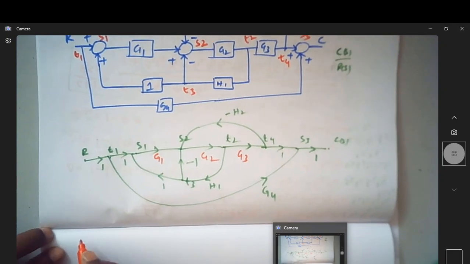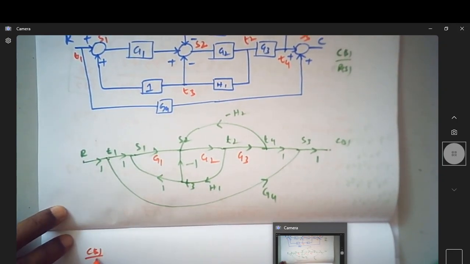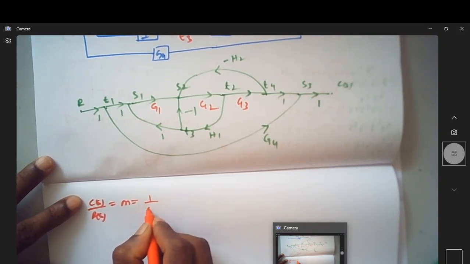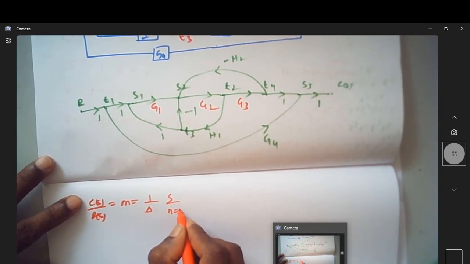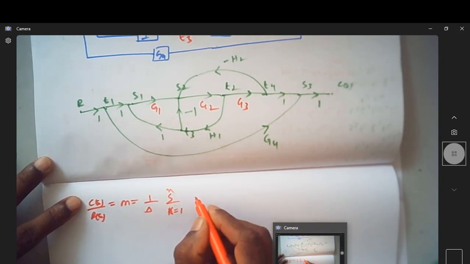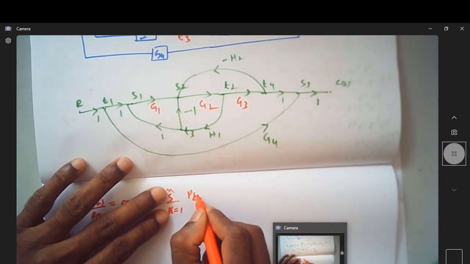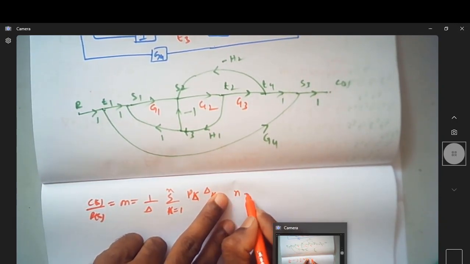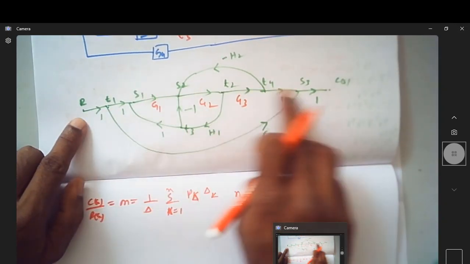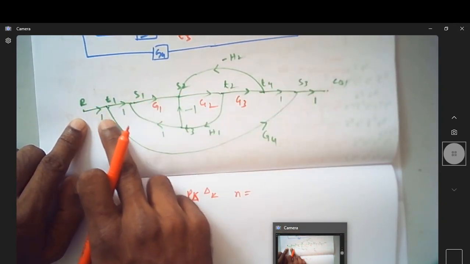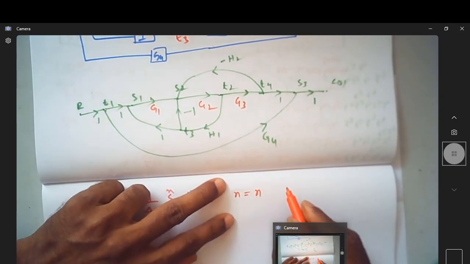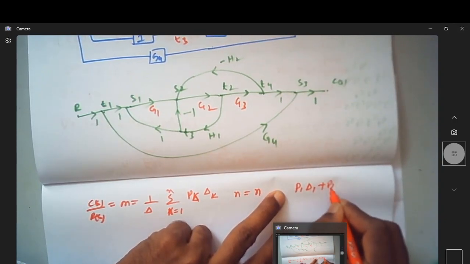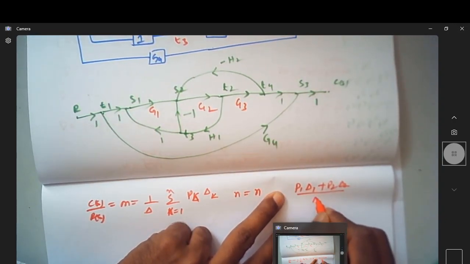Now it is necessary to find CFS by RFS. Let us write the equation, M is equal to 1 over delta, summation k is equal to 1 to n, Pk delta k. Correct? So what is the value of n? You can see this is one forward path, this is the second forward path. So n is 2. So it is P1 delta 1 plus P2 delta 2 by delta.